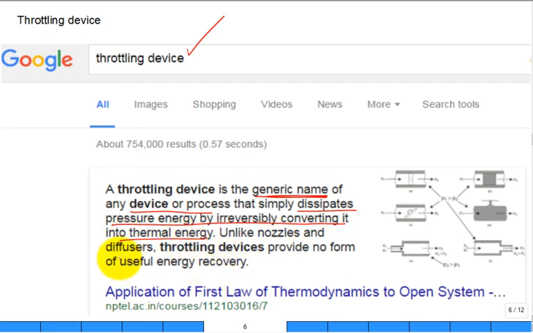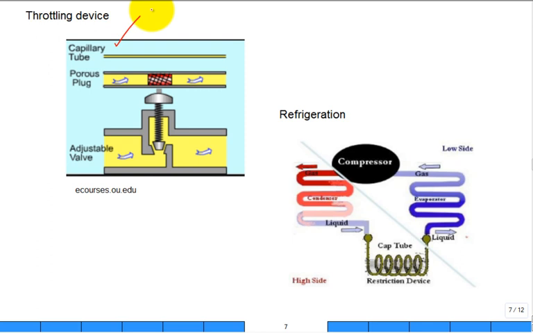Unlike nozzles and diffusers, throttling devices provide no form of useful energy recovery. Basically, you have a capillary tube, a porous plug, some adjustable valve. Those are all examples of throttling devices.